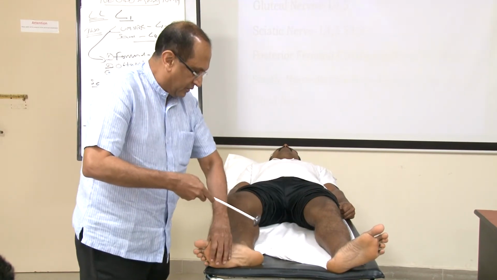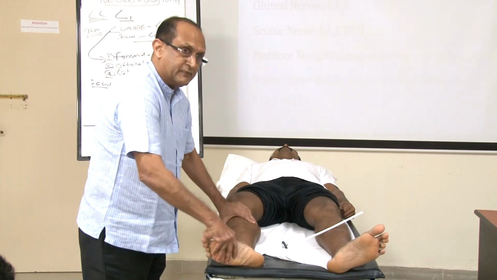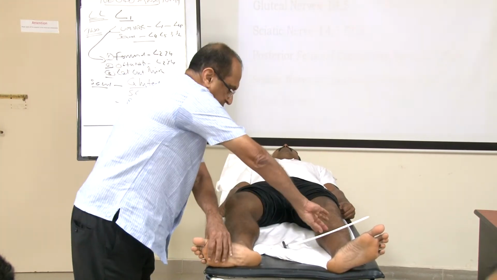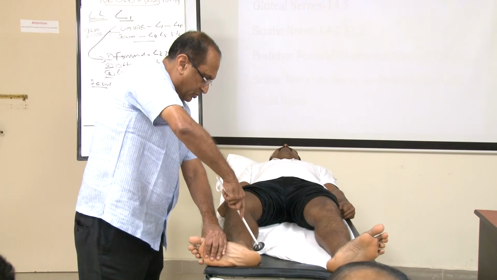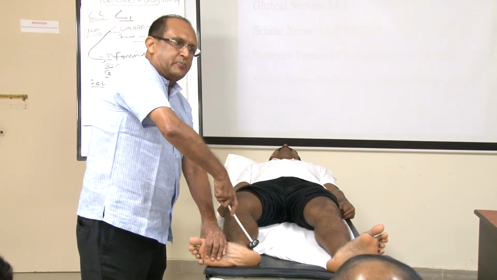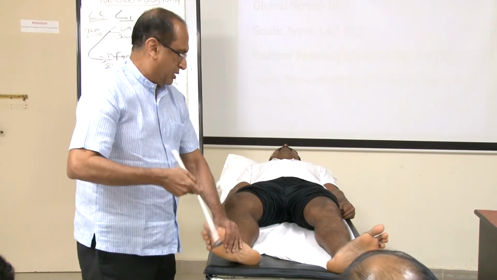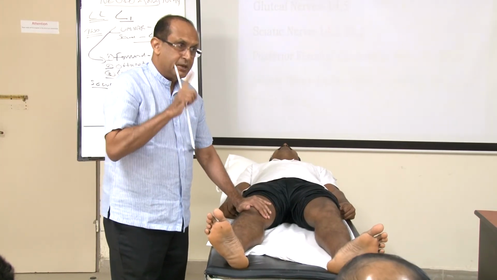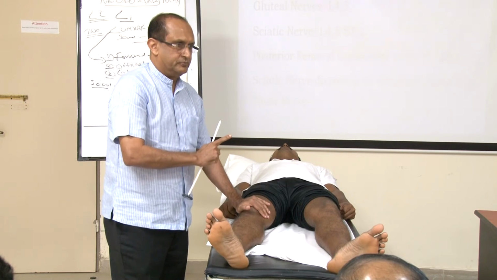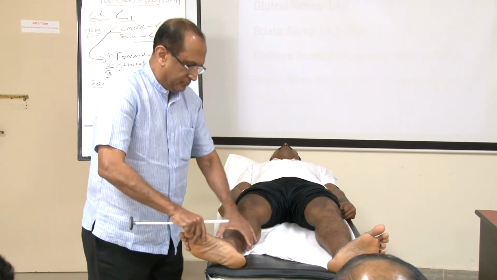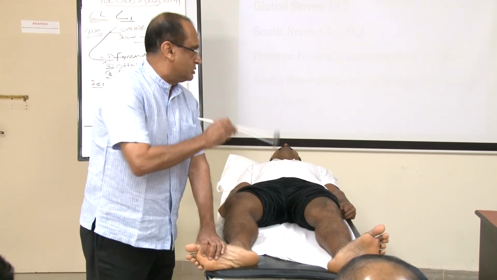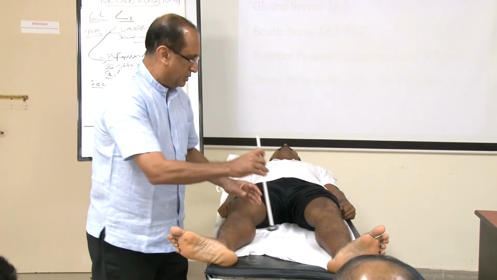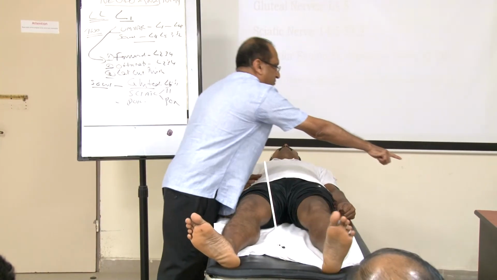So be very careful, make sure that the patient is comfortable, give a slight dorsiflexion and then tap over the tendo-Achilles tendon. So this is L2, L3, L4, the knee jerk; main root is L4. And the ankle jerk is S1.